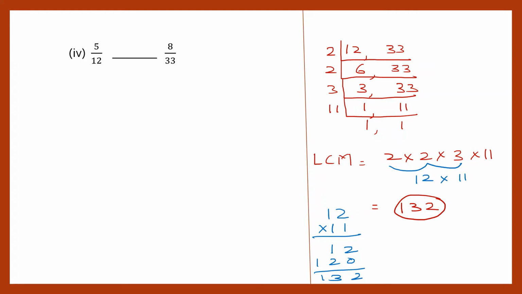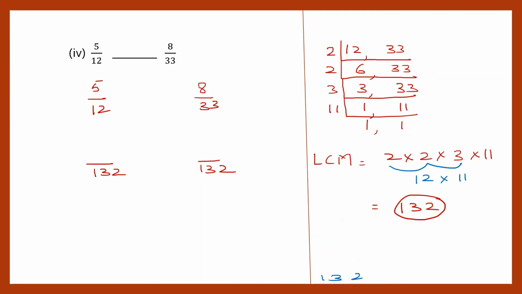Let's use that as the common denominator. So the question is 5 by 12 and 8 by 33. The common denominator is going to be 132. So let's get the new numerators. 12 into 11, we just saw that. So 5 into 11 is 55. Now 33 into what will give you 132?